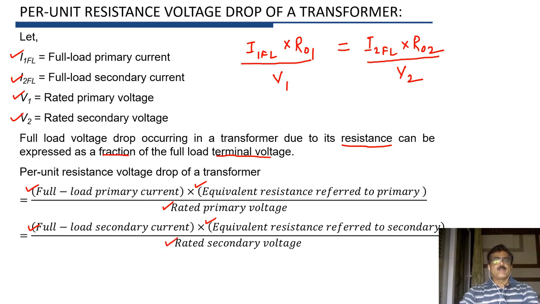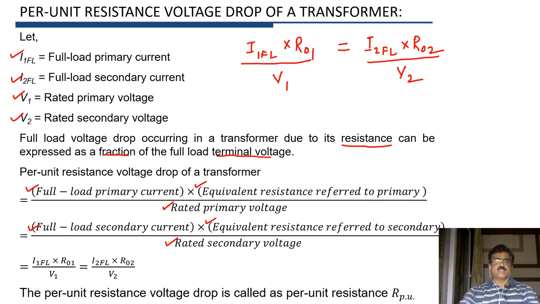So per unit resistance voltage drop can be written as I1 FL into R01 divided by V1, or I2 FL into R02 divided by V2. This per unit resistance voltage drop is called the per unit resistance of transformer.